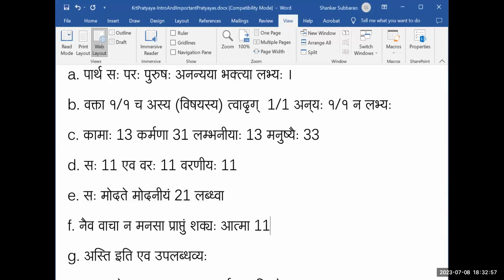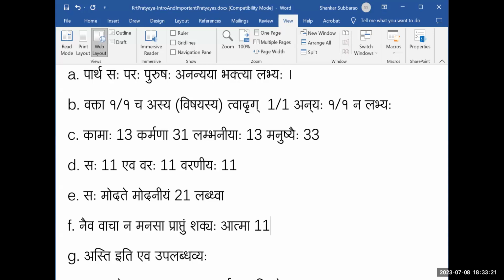Good. Atma is in what case? Atman is the pratipadika, as 1-1. So why is it in 1-1? Why not 2-1?